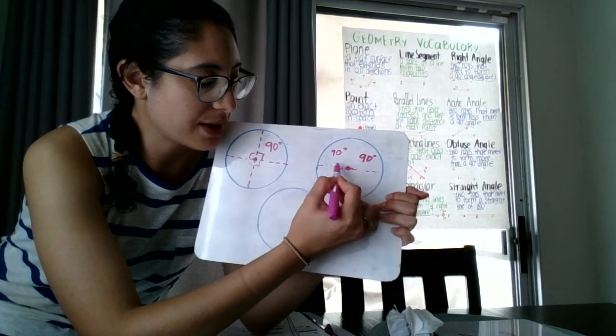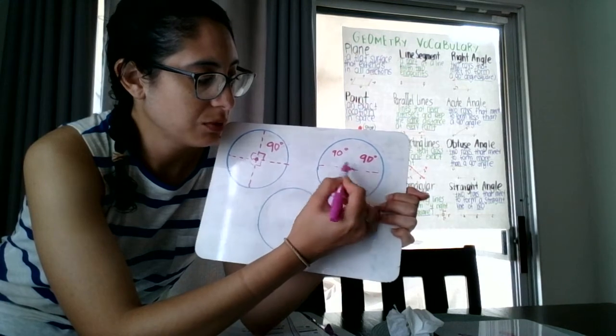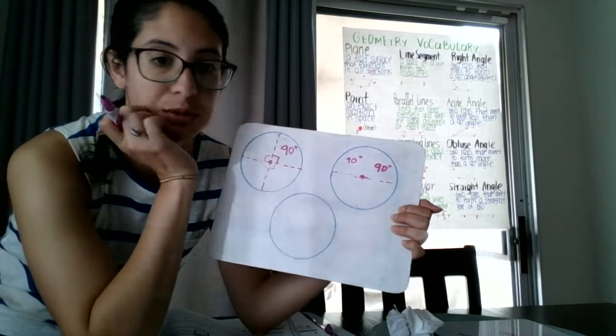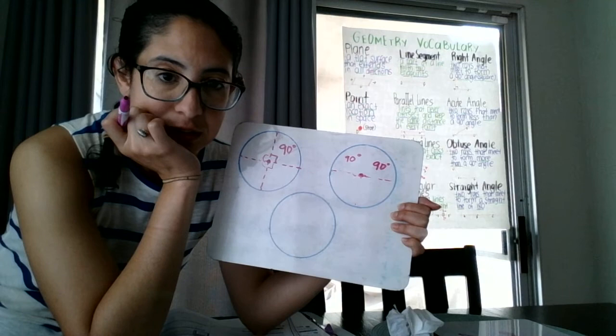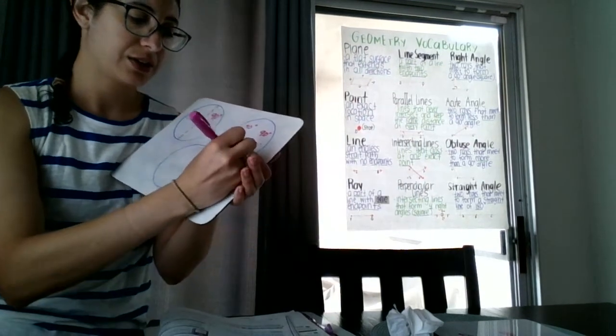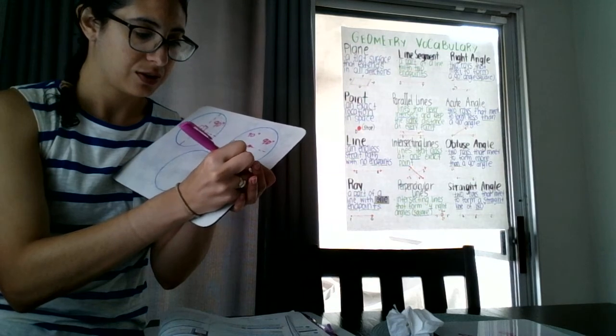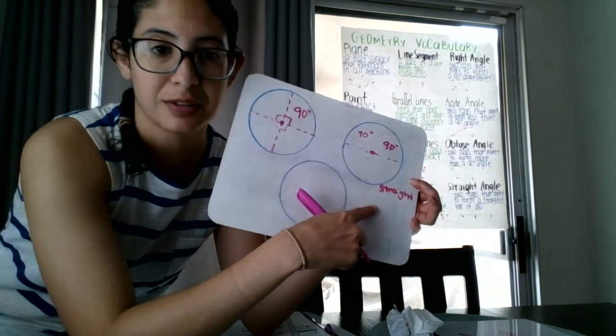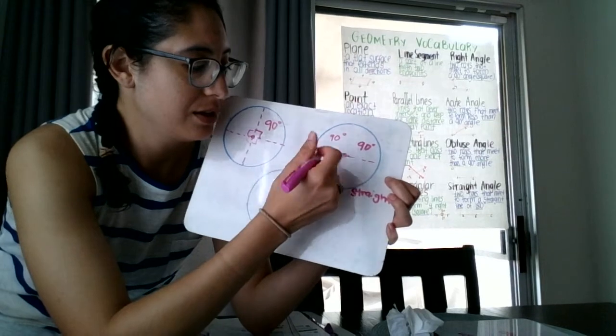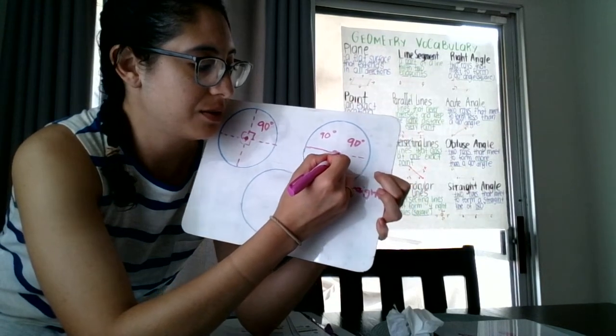What does this look like now? We went over it before. Over there was one of our words. Right? Now it looks like a straight angle, right? This right here is a straight angle.